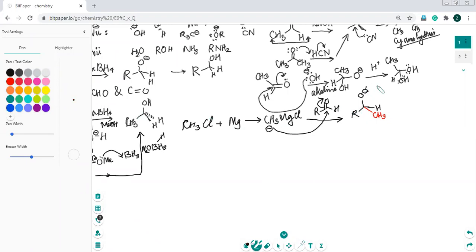Now this is reacted with water or acid. It forms R, C, O, H. See the alkylation reaction occurring, CH3 and H. Remember, you will get the enantiomer of this also, the mirror image of this, plus enantiomer.